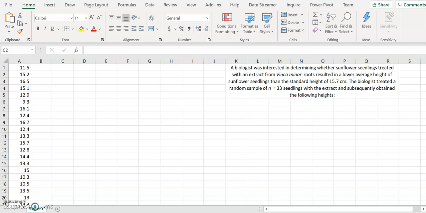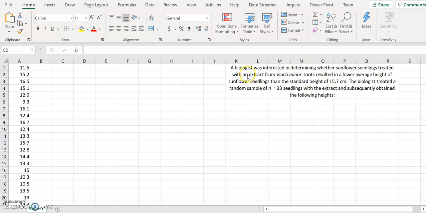Okay, so we're going to use Excel today to calculate a one-sample t-test of means for the problem stated here. Our biologist raised some seedlings of sunflowers, and the typical height of a seedling is 15.7 centimeters.